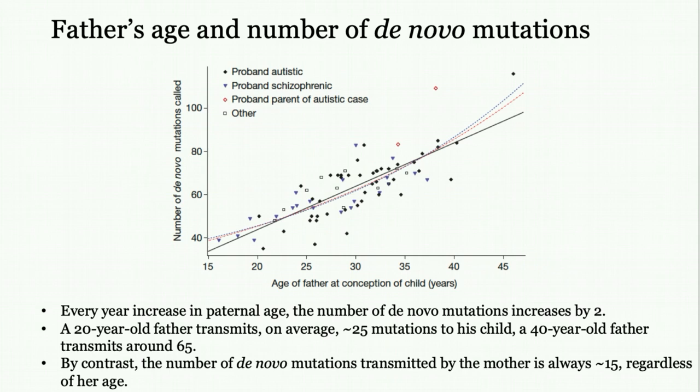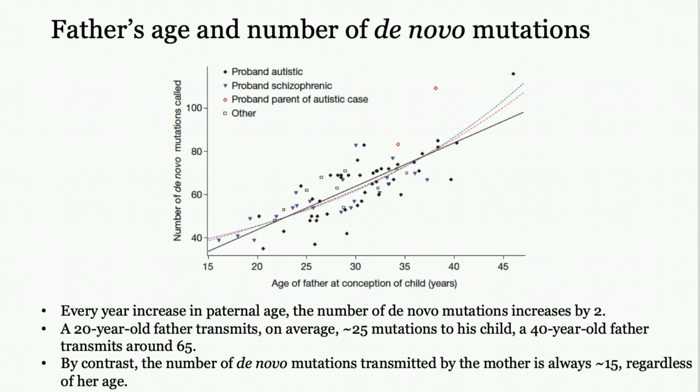So for example, if you look at a father that is about 20 years old, it has only about 25 mutations. Based on this figure, it should be slightly more, but it's around there, about 25 mutations. But for a father that is 40 years old, he transmits 65 mutations to the child.